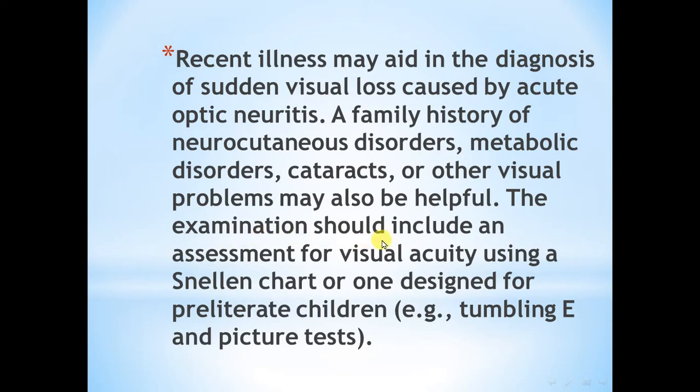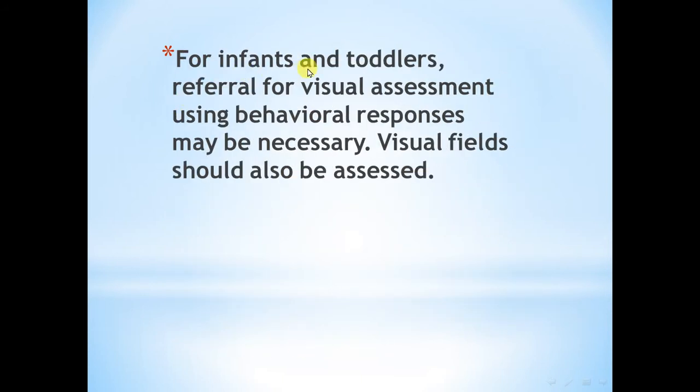The examination should include an assessment of visual acuity using a Snellen chart or one designed for pre-literate children, tumbling E and picture tests. For infants and toddlers, referral for visual assessment using behavioral responses may be necessary.